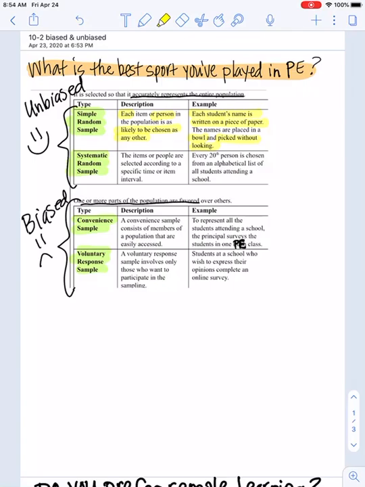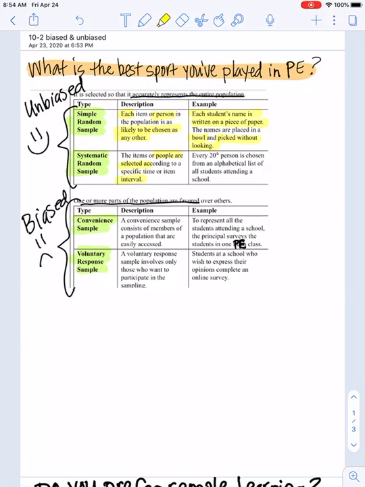So the next type is, in the second row, a systematic random sample. So for this one, the people are selected according to a specific, I'm going to just say interval, because usually that's what you would see. So everybody has an opportunity to be chosen, but there's a certain or a systematic way that they're chosen.